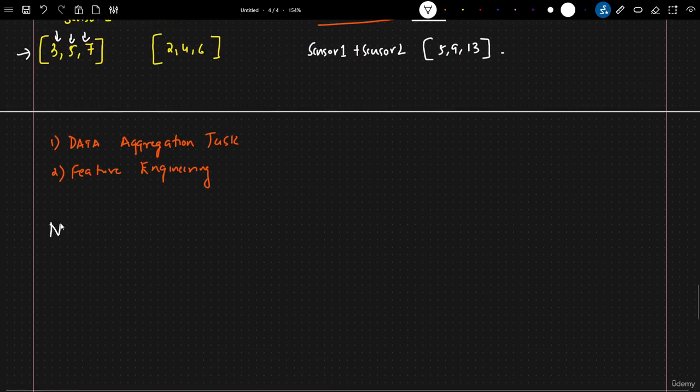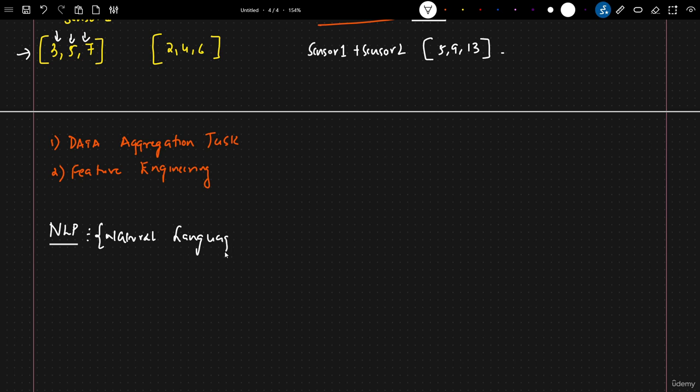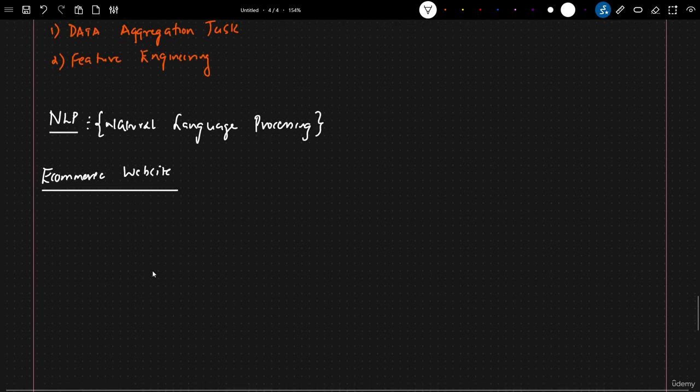If I consider more examples, let's take one very good example. In data science, we specifically work in a field called NLP, natural language processing. Let's consider a use case. Let's say I have an e-commerce website. In this e-commerce website, people put reviews of a specific product. So here I have the text reviews, and I will have a column saying what the sentiment is.